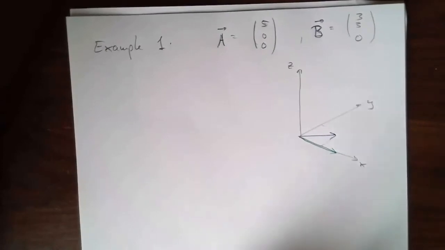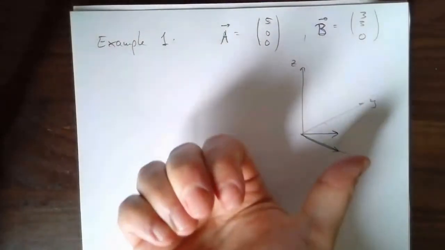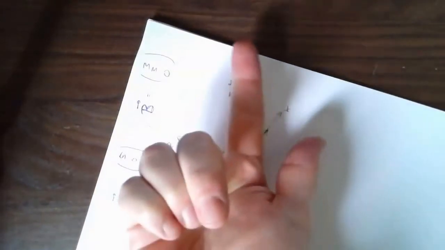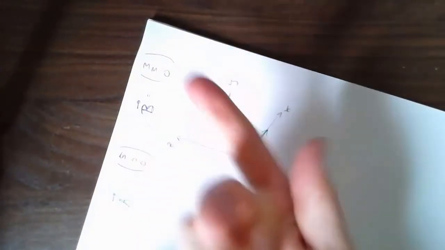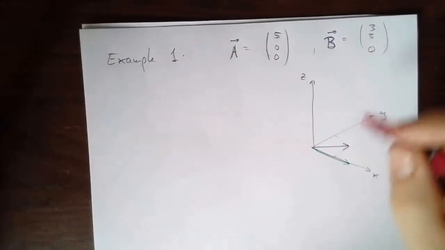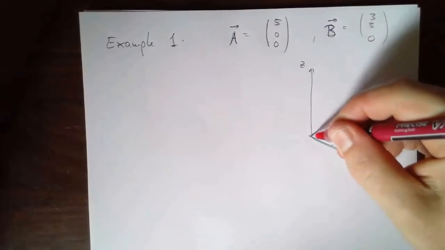So you can tell right away from the right-hand rule that C would be pointing straight up, because I have to turn this, so I have to use my hands. X, Y, my middle finger points up. So C is going to point straight upwards in the Z direction.